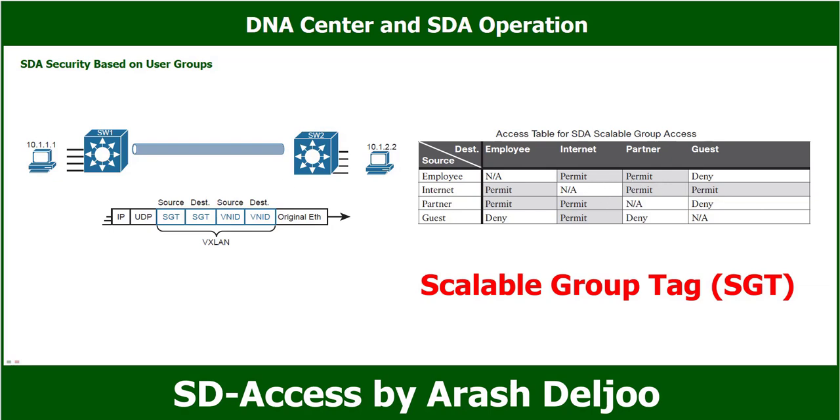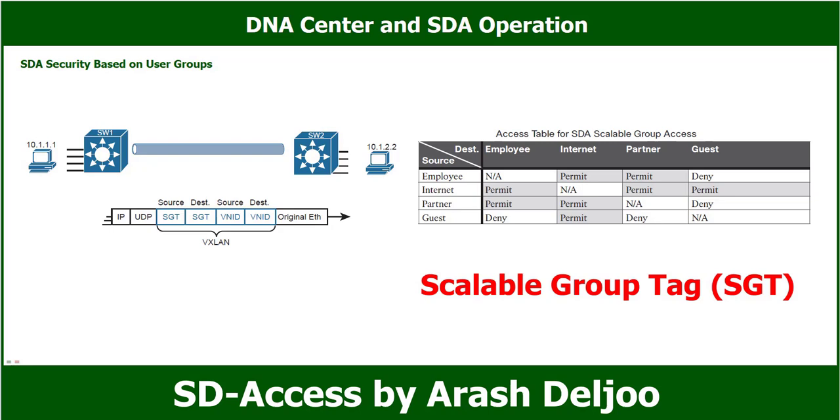If DNA Center sees a permit action between the source and destination pair of SGTs, DNA Center directs the edge node to create the VXLAN tunnel. If the security policies state that the two SGTs should not be allowed to communicate, DNA Center does not direct the fabric to create the tunnel, and the packets do not flow.